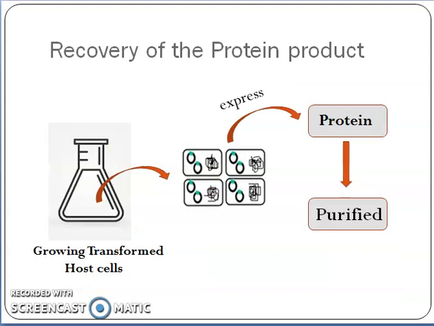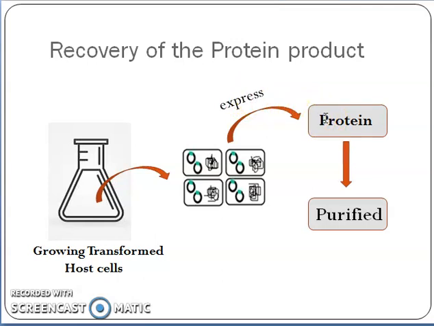So if you incorporate the expression signals inside your vector and you grow your transformed host cells in culture, what will happen? The rDNA will replicate itself, leading to the multiplication of the gene of interest, and because you have incorporated the expression signals inside the vector itself, the gene will also express itself successfully to make the required protein.